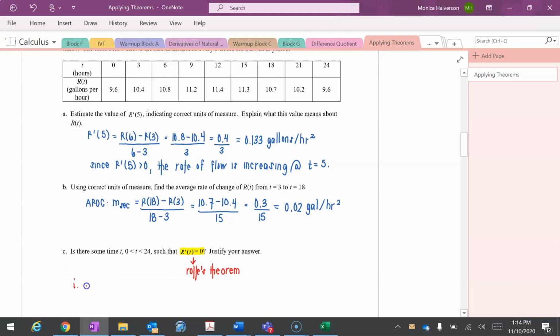Condition 1: is it continuous? We can say it's continuous. We don't know otherwise. The water is continuously flowing. Condition 2: is it differentiable? Okay, so we can say yes, it's differentiable.